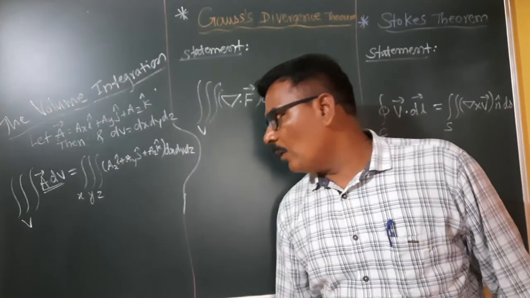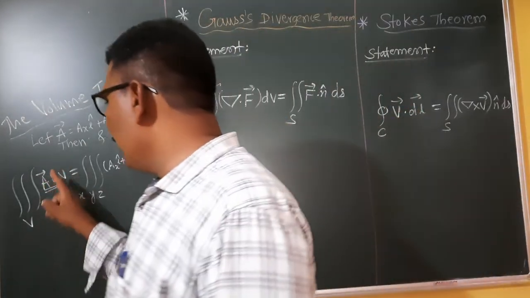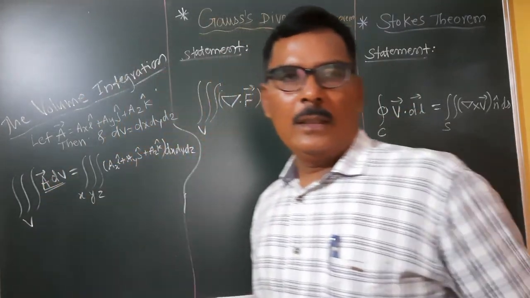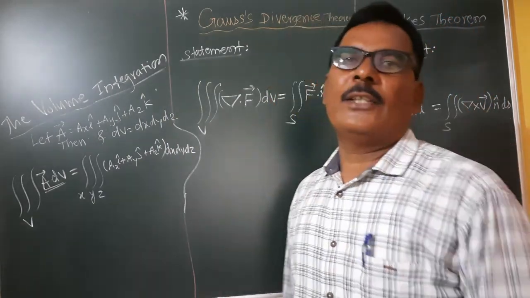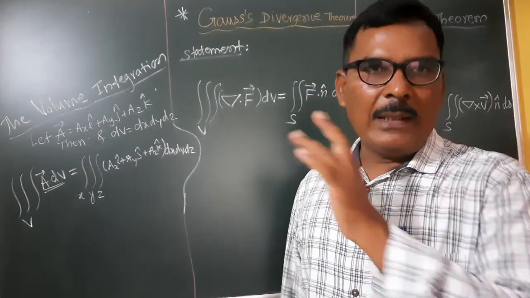Volume integration means a triple integration; line integration is a single integration and surface integration is a double integration.